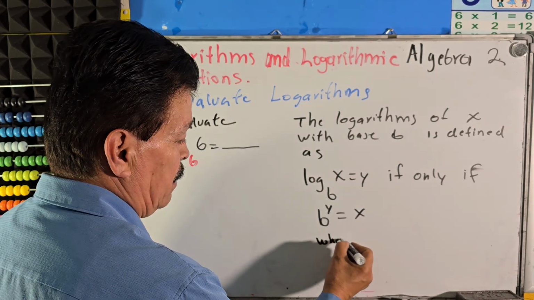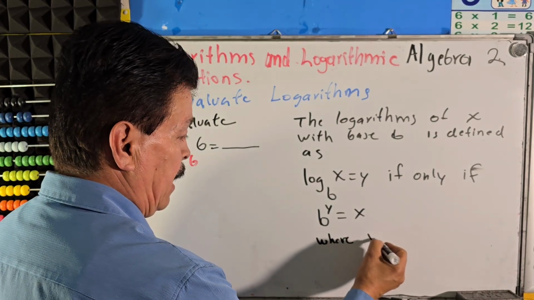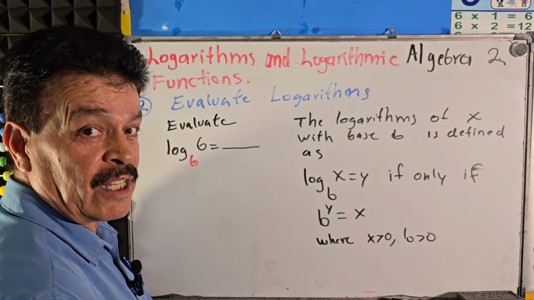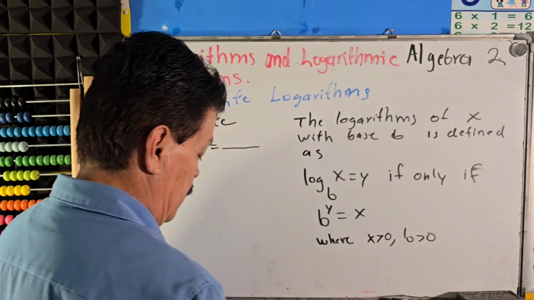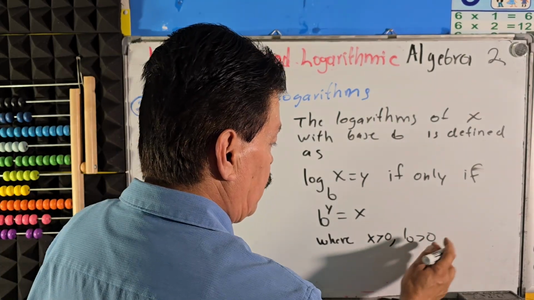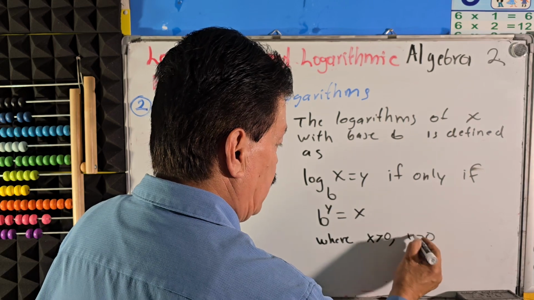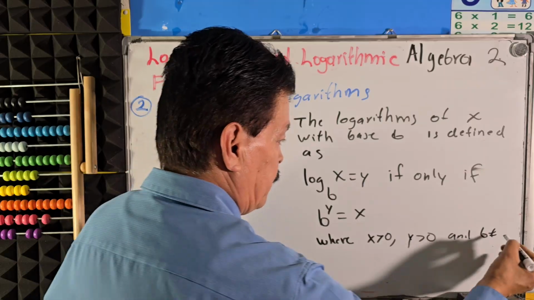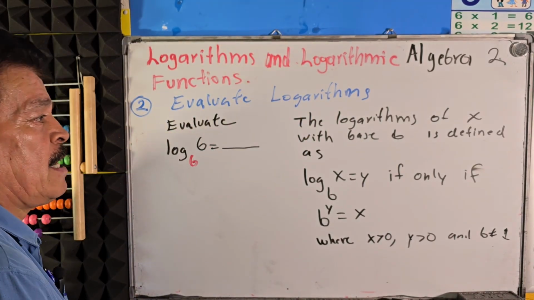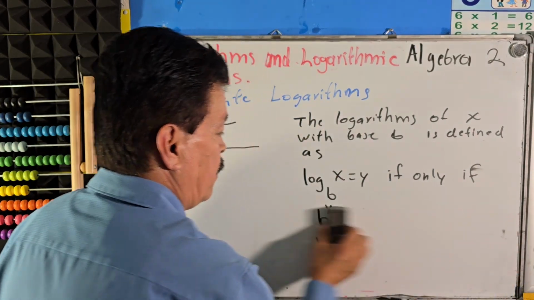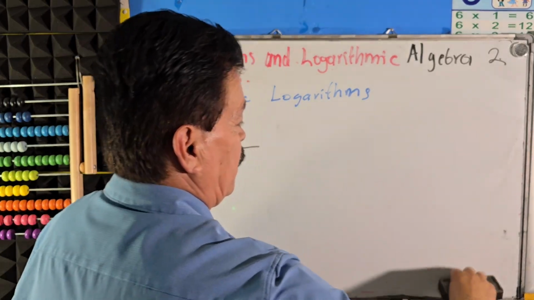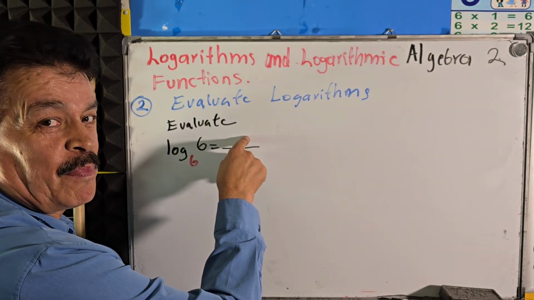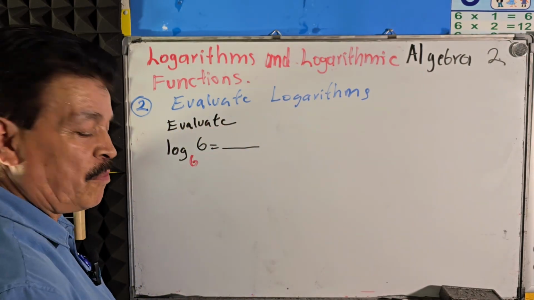Where x is greater than 0, b is greater than 0, and b is different from 1. So that's the main concept, as you already know. We are talking about the same formula, but now we are looking for different numbers.